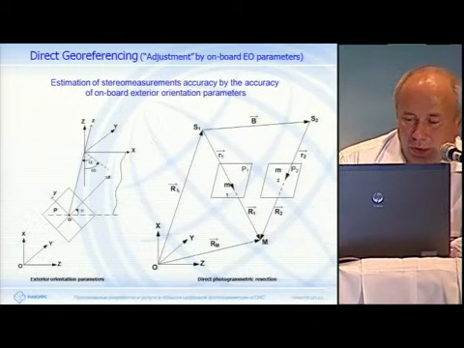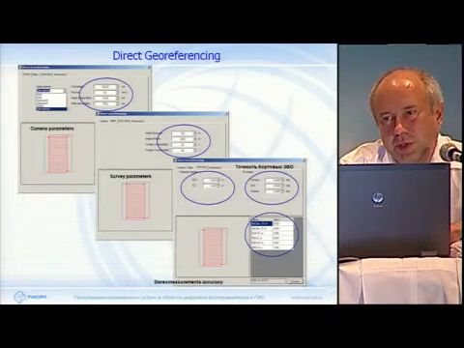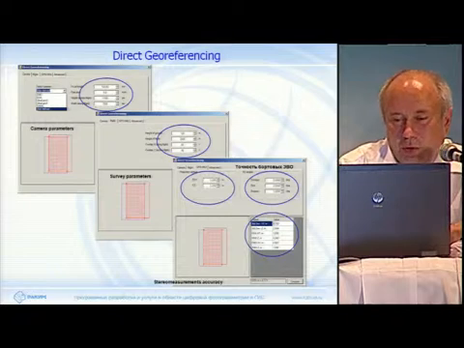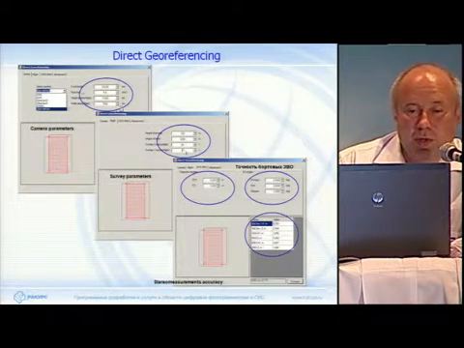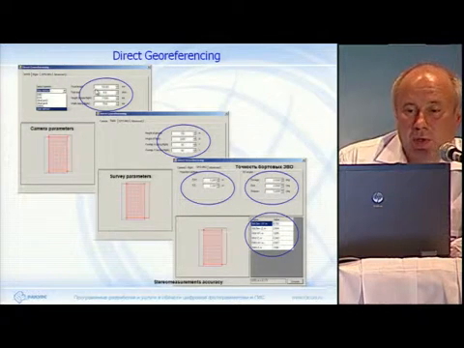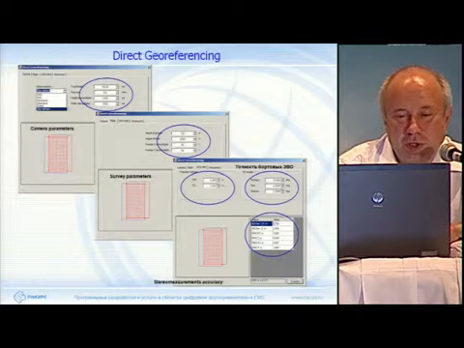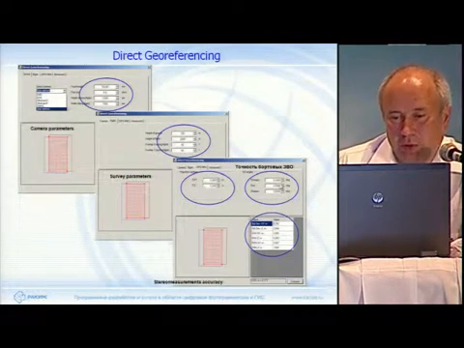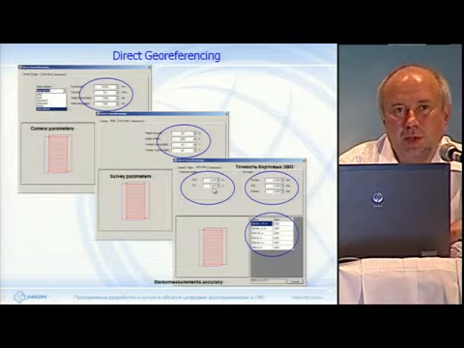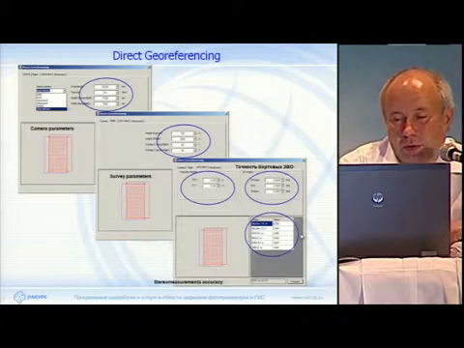So this utility allows you, by using survey and imaging parameters, to calculate accuracies on the ground. So here are your imaging parameters, camera parameters. You don't have to set any super accurate values, and the resultant values which the system is supposed to deliver.